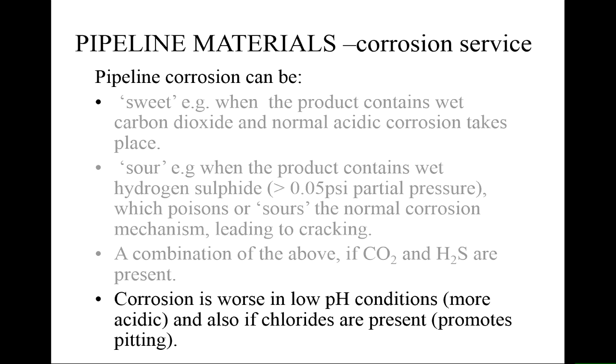And of course, if you've got a pipe in a marine environment, the outside might see this corrosion and the inside might see corrosion from the product, and there could be two different processes taking place on the inside and the outside of the pipe, which is why most pipelines are painted to protect from atmospheric corrosion.